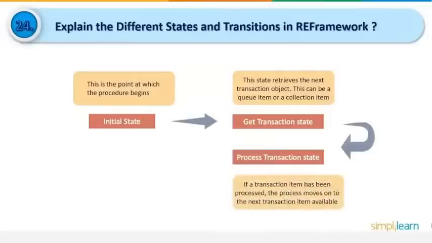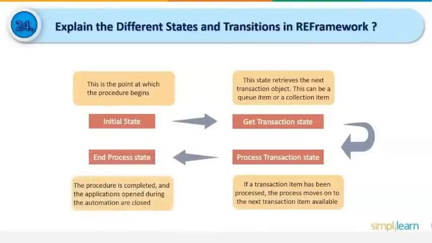For the transaction item obtained in the previous step, it performs action logic in various applications. If a transaction item has been processed, the process moves on to the next transaction item available. End process state. The procedure is completed and the applications opened during automation are closed in the end process state.